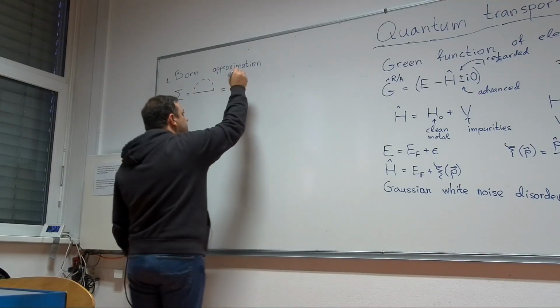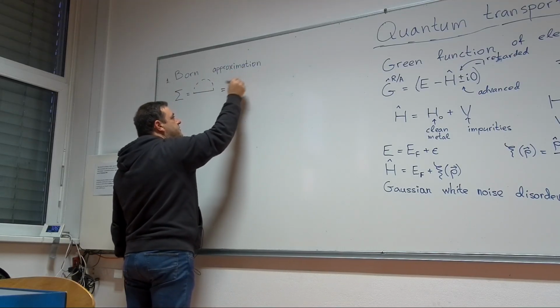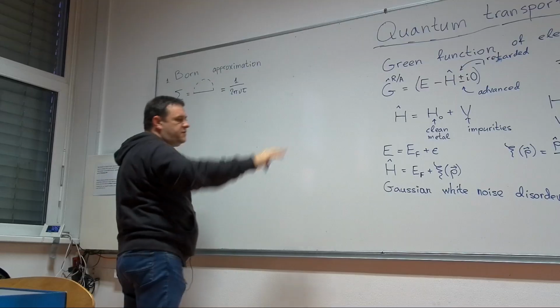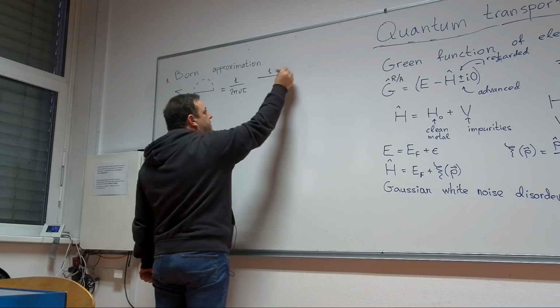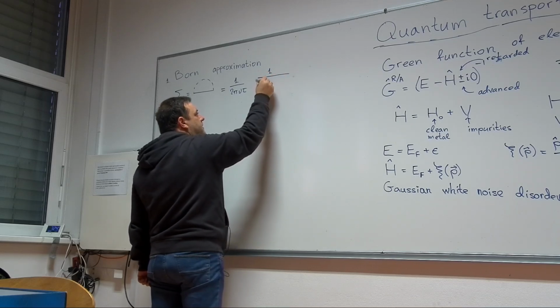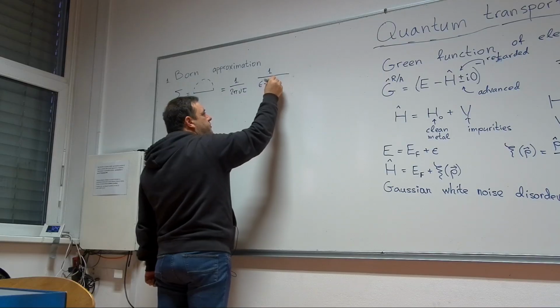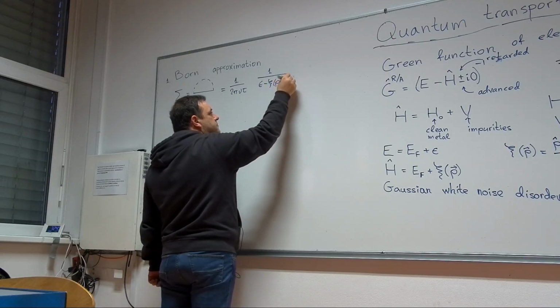The dashed line is 1 divided by 2 pi nu tau with a delta function there. And the Green function is 1 divided by epsilon minus psi of p plus or minus i0.